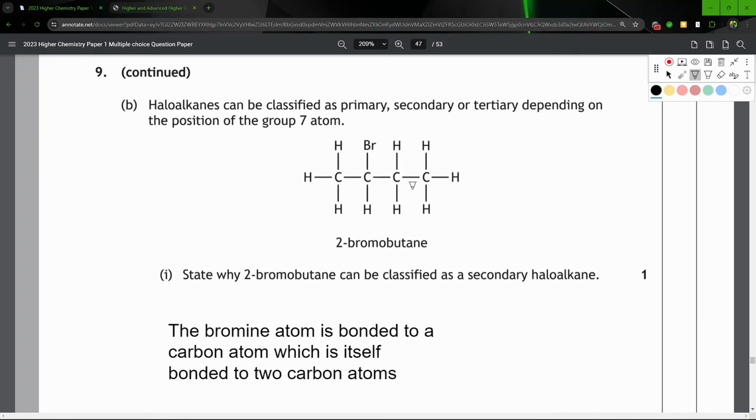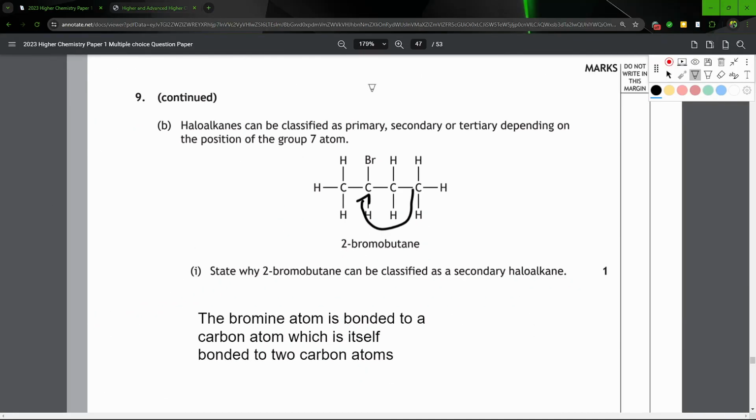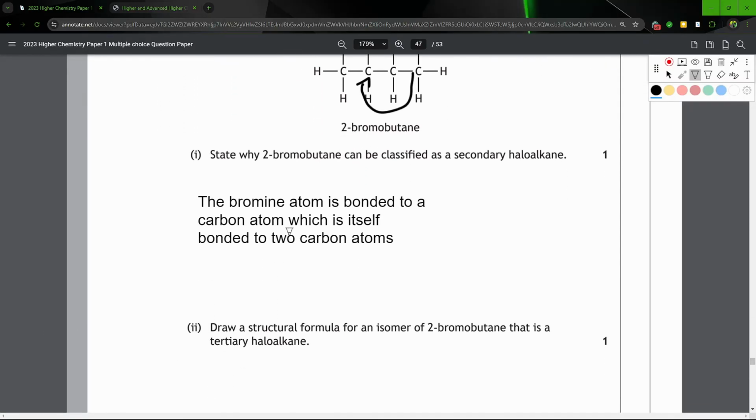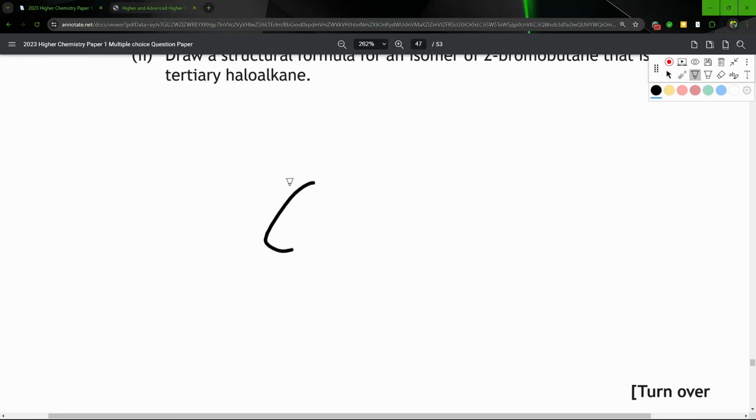So I think the strategy for this is to move this carbon down here, so we'll have this kind of cross shape of carbons. That means we'll have the same molecular formula, all the same atoms, but a different structural formula with a tertiary haloalkane. So let's draw my cross-like center thing.